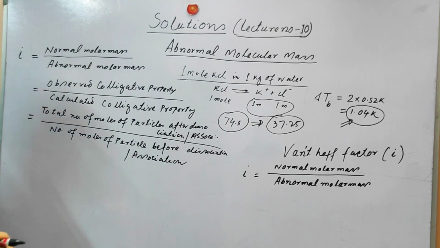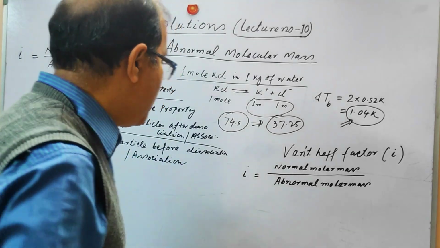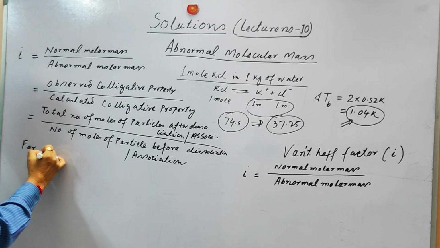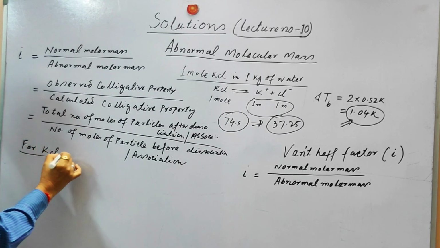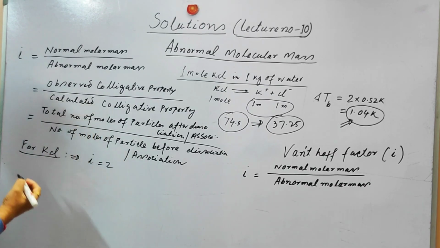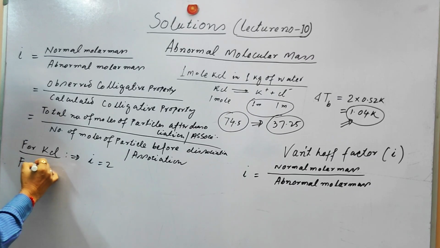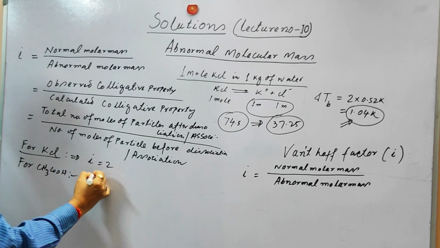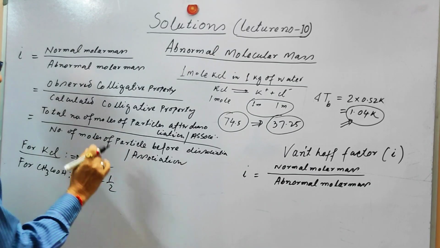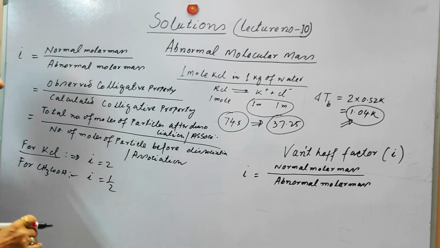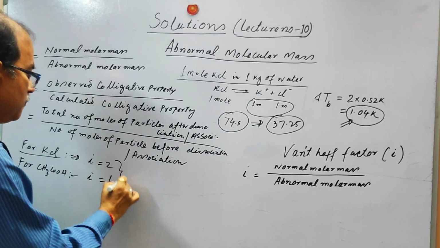So this is the Van't Hoff factor you can observe. For KCl, when there is dissociation in dilute solution, we will find i is equal to 2. For acetic acid, CH3COOH, i will be half, when we consider that full dimerization has occurred in case of acetic acid, and for KCl full ionization has occurred.